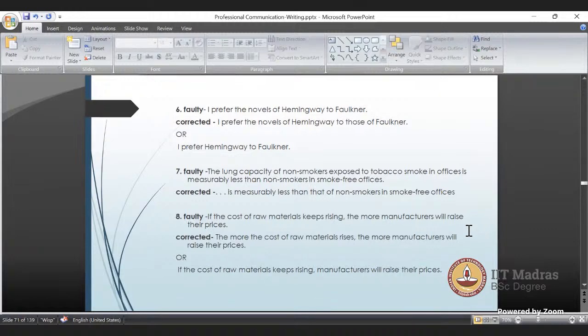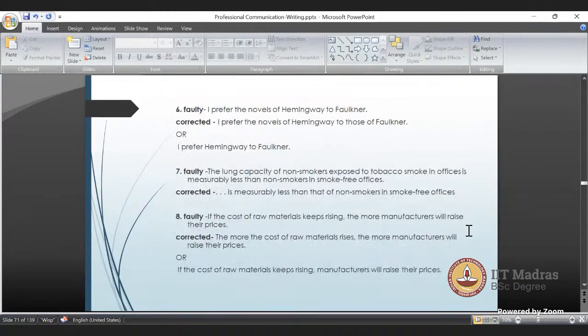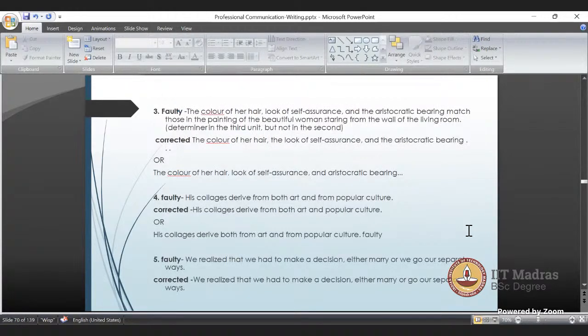Okay. Now they are equal, they are parallel constructions. Okay. Anything else? That sounds okay. So you understand what parallel constructions mean, right?